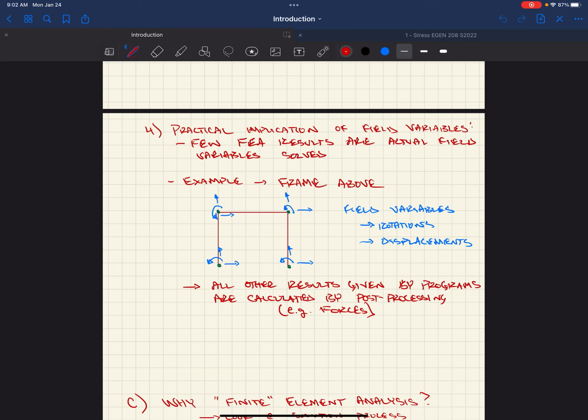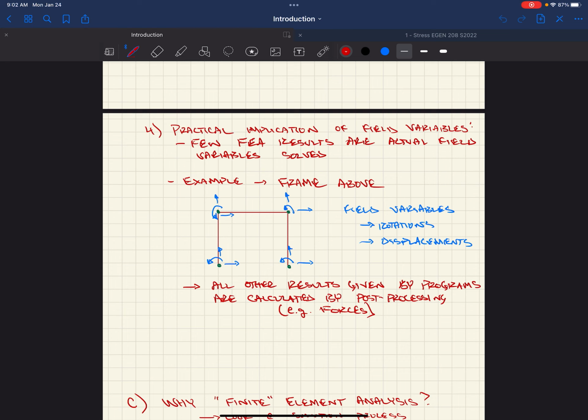As we work through this, when we get to the practical implication of field variables, we talked about a couple of examples, which would be a frame or an axially loaded bar for us as structural engineers. The practical implication is that we are going to calculate one variable, say deflection in a beam or a frame, or rotations.